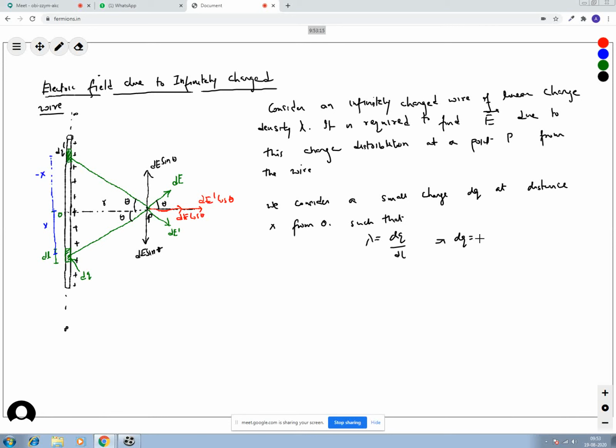So dq would be lambda into dl. Okay, then what can we do?